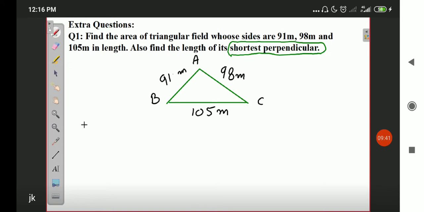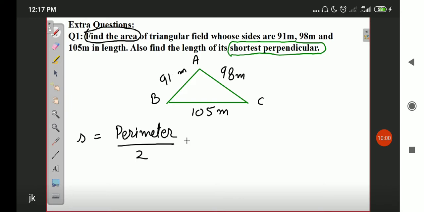First of all, we have to find out the area of the triangle. The first part of the question is finding out the area of the triangle. So first of all, S is the semi-perimeter, that is perimeter upon 2.